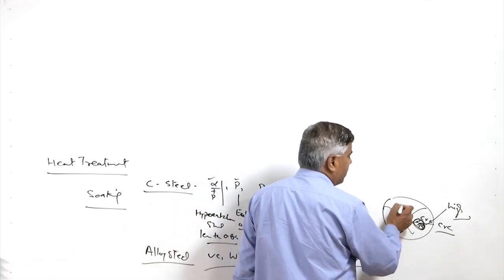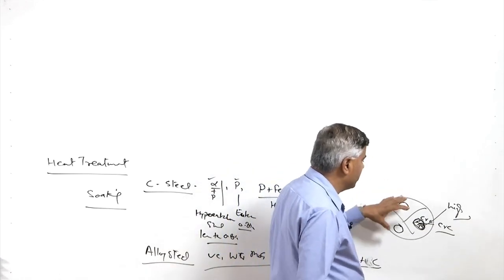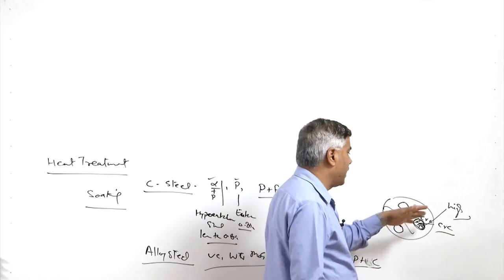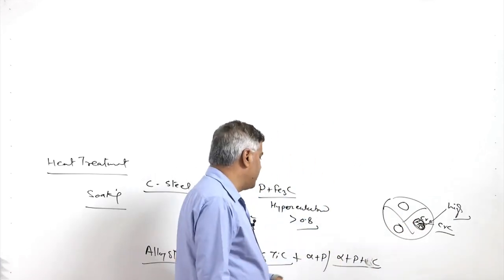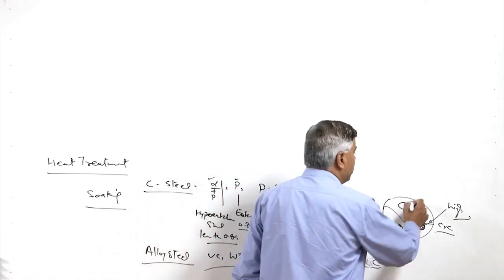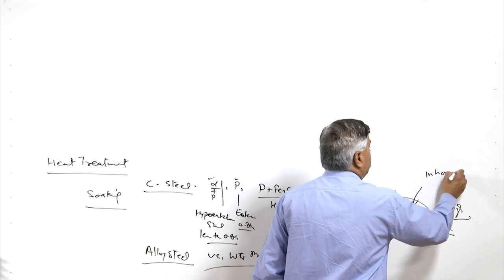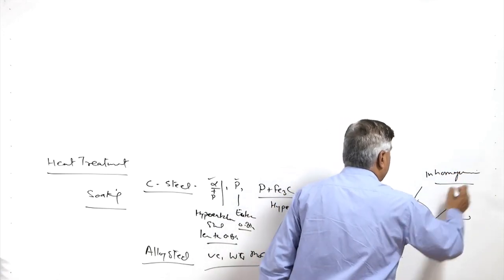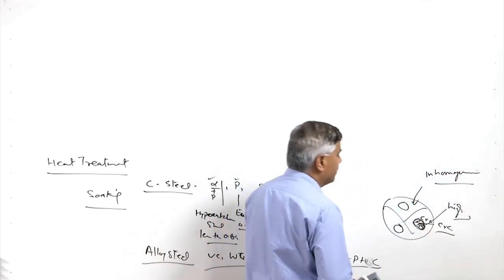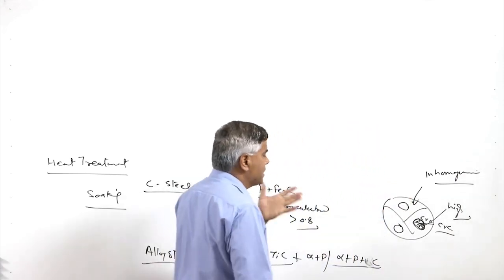Wherever these carbides decompose, that region will have higher chromium or higher vanadium or higher molybdenum, with a higher concentration of carbon. So, even after they have decomposed, it will be inhomogeneous, because the concentration of the alloying elements and the concentration of carbon will be more at a few locations where these carbides were present, and less at other locations.